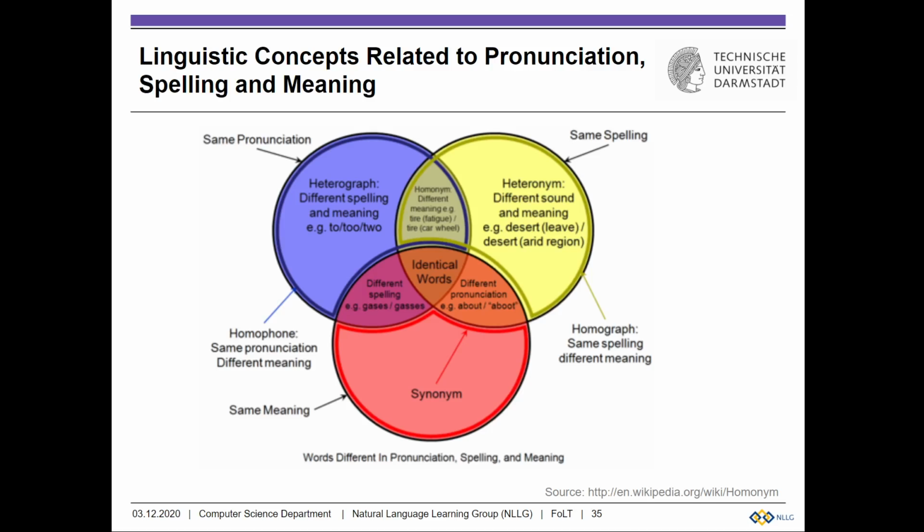If you look at this Venn diagram here, you see words, for example, that have the same pronunciation. So you pronounce them the same way, such as these words here, to and two. Note that the first one may alter a little bit depending on the context.